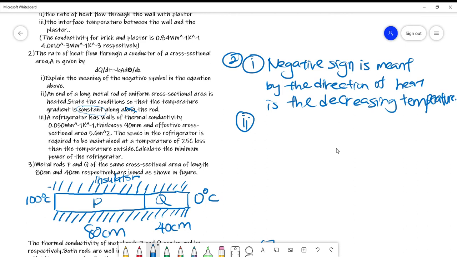So if the temperature gradient wishes to be constant, the conductor must be perfectly insulated.